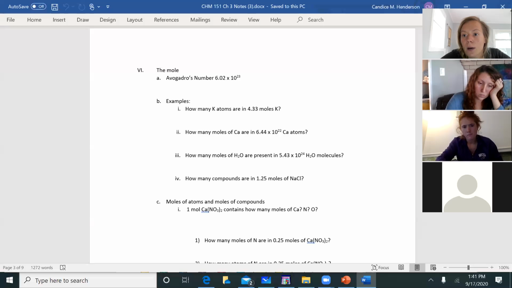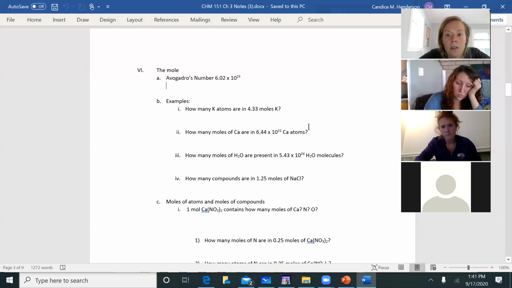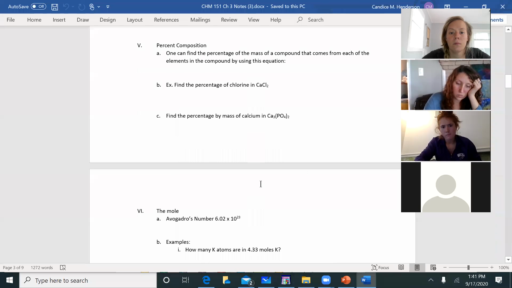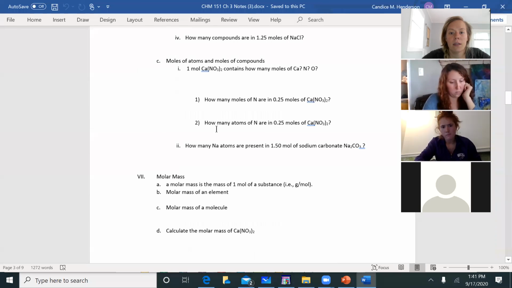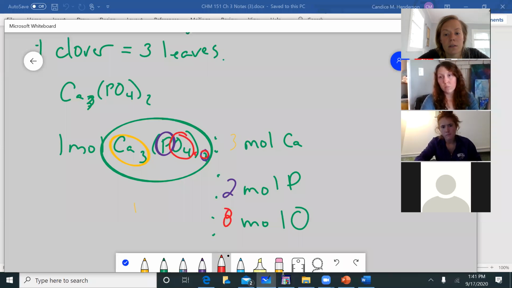Real quick, just while we're at it. If I look at this formula right here, I've got calcium nitrate. I'm going to write this over here.